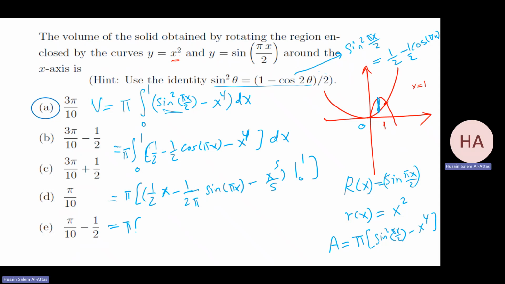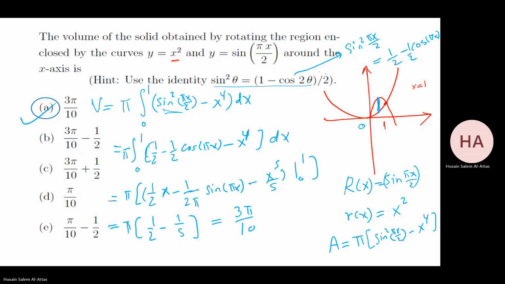That will be half minus, sine of pi is 0, gone, minus 1 over 5. The other terms are 0. So that will be 3 pi over 10.